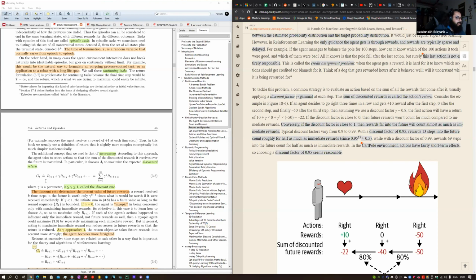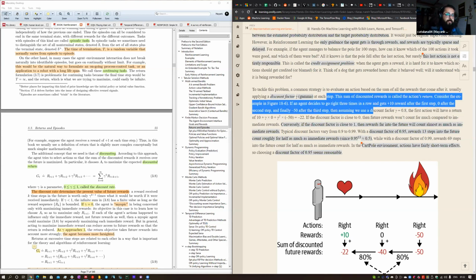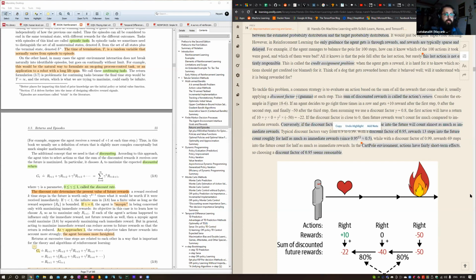The return that we give is r of t plus 1 plus gamma r t plus 2, plus gamma square of these guys, which is described as a summation of k from 0 to infinity of gamma to the power k, r t plus k plus 1. That's the discounted return that the text talks about.